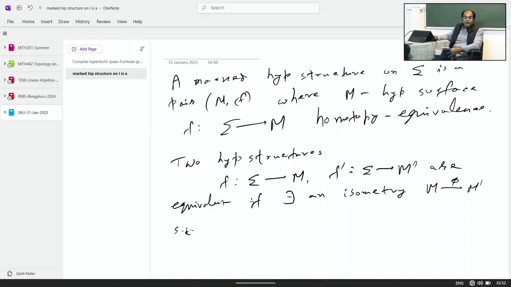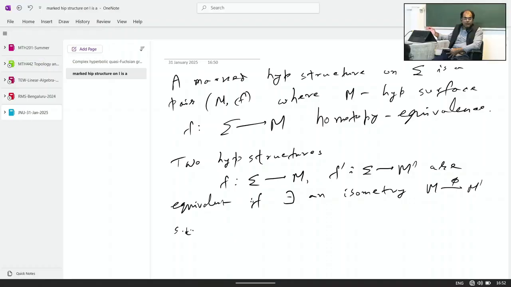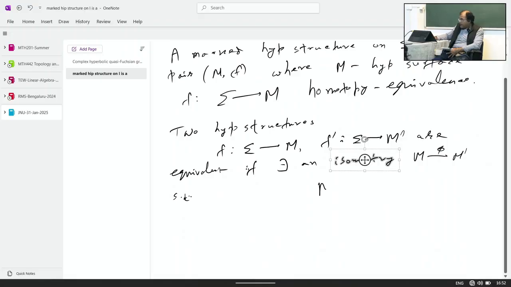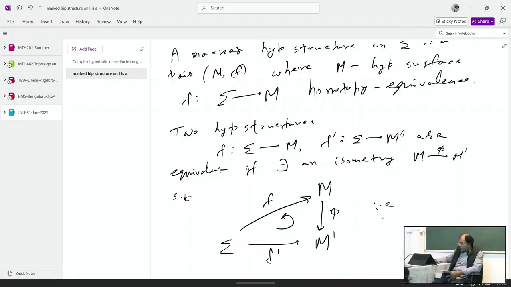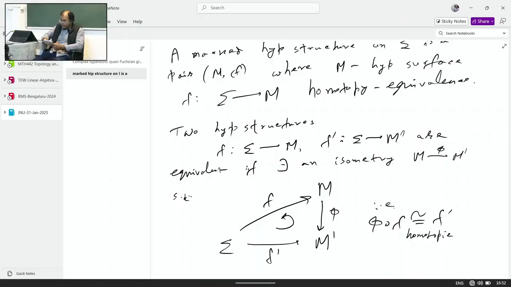Now, when I am talking about isometry, I am giving them a metric coming from the universal cover, which is the hyperbolic plane. So there is an isometry such that this diagram homotopy commutes. So you have f, you have f' and phi. So phi composed with f is homotopic to f'.